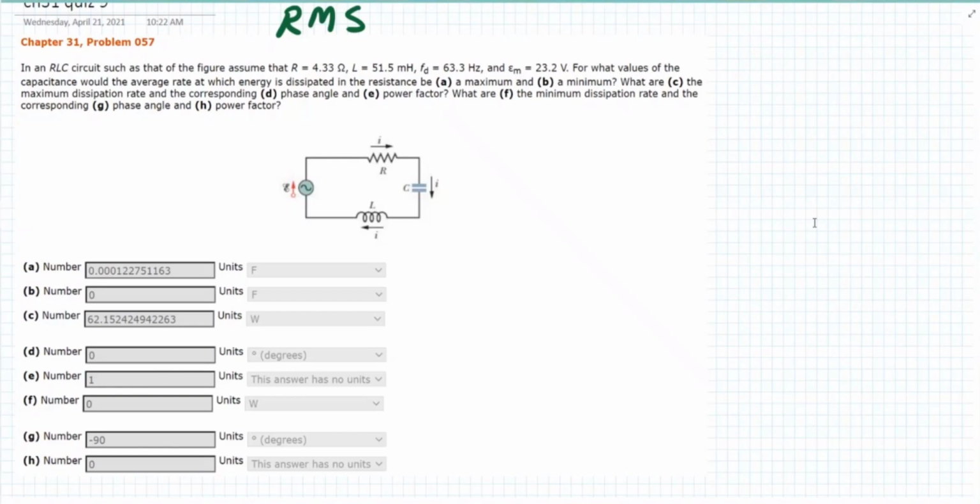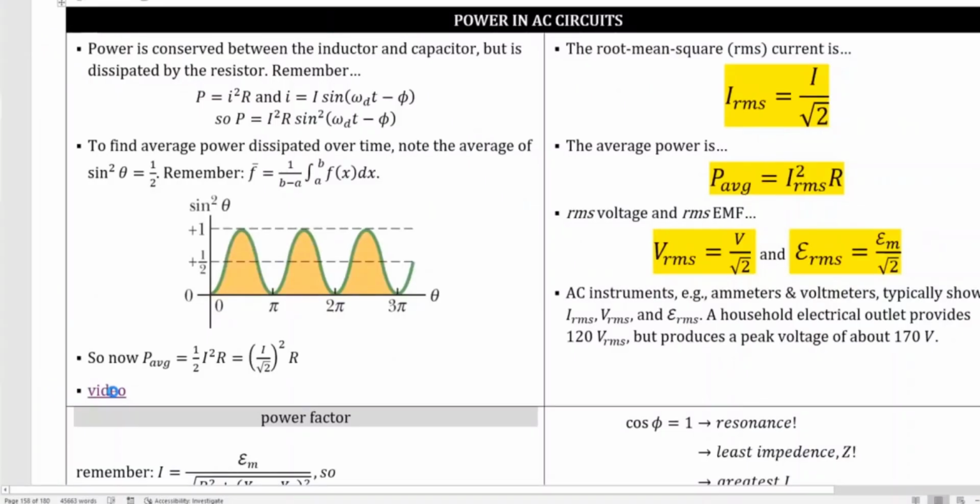Let's go through the following. Let me cue this up. We're going to watch maybe 2 minutes of this entire video. And again, it's not great production quality, but who cares? It's the idea that matters. This is just a great way to talk about how we typically deal with alternating current in terms of average values.